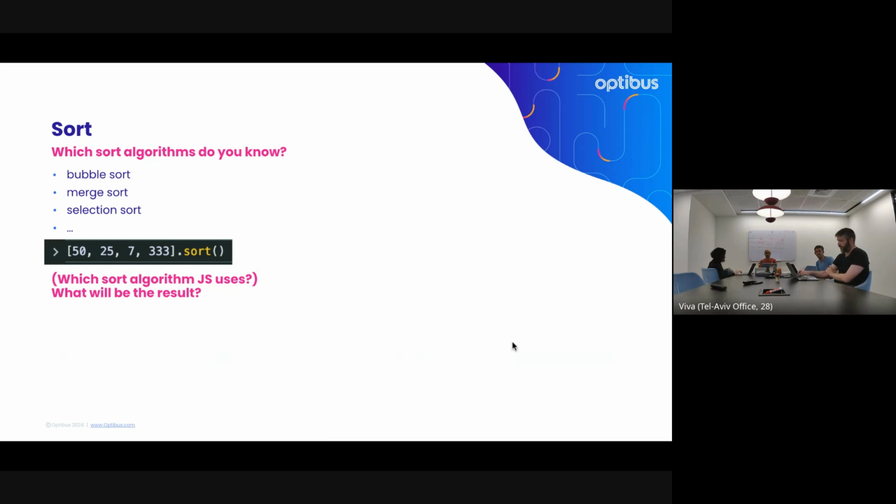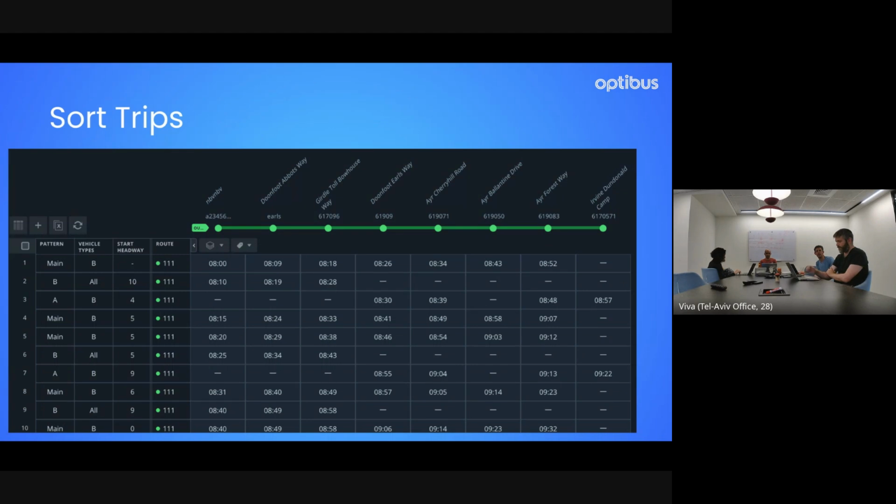So let's go back to our timetable. It sounds like our compare function should be something like: you get two trips, we want to find the first common stop, and we compare the time at this stop. So if you get this trip and this trip, the first common stop is this stop, so we can compare 8 to 8:10, so we know that this trip should be after this trip.